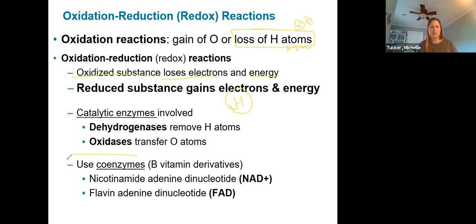Instead, we use coenzymes. These are derived from B vitamins, and these are the ones that will actually handle the hydrogen atoms. This is their oxidized state.